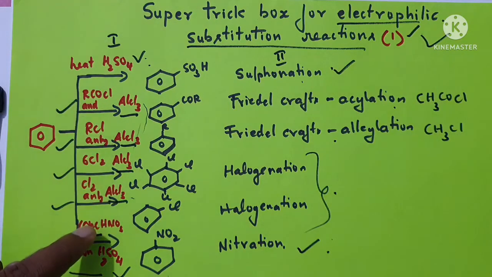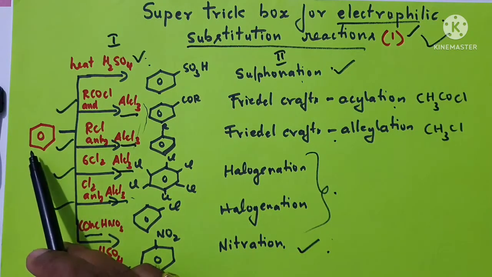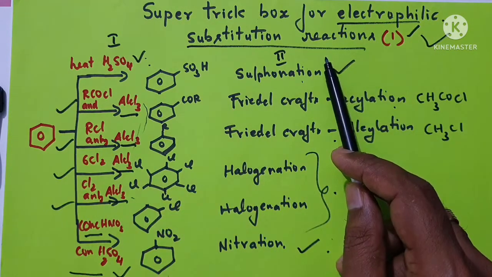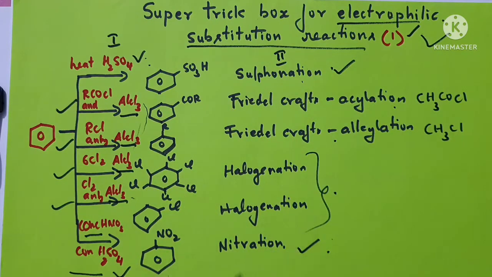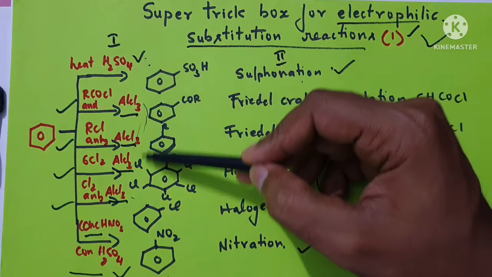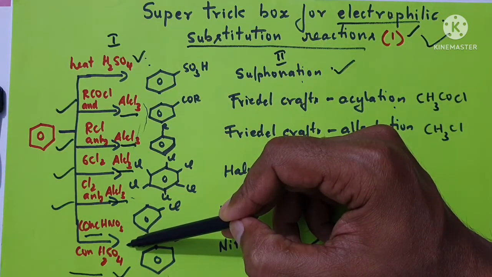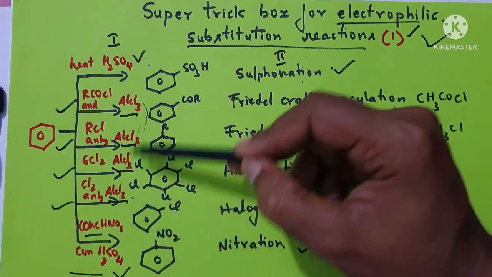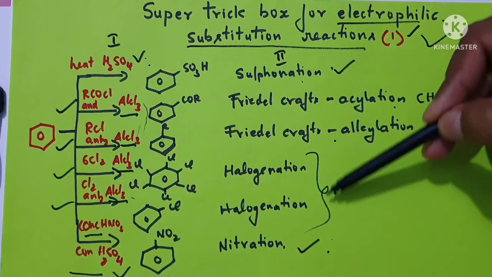Two things you have to remember. Whenever you see anhydrous aluminium chloride with the benzene, they are electrophilic substitution reactions. Concentrated H2SO4, that is also an electrophilic substitution reaction. Here you need to remember only what you are taking as a reagent or a reactant, that is the reagent anhydrous aluminium chloride. Whereas here you need to remember the names also.